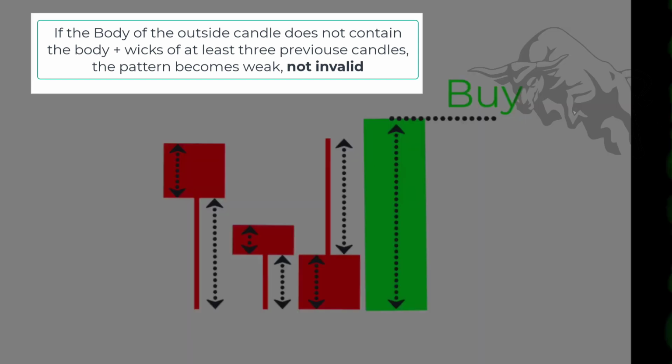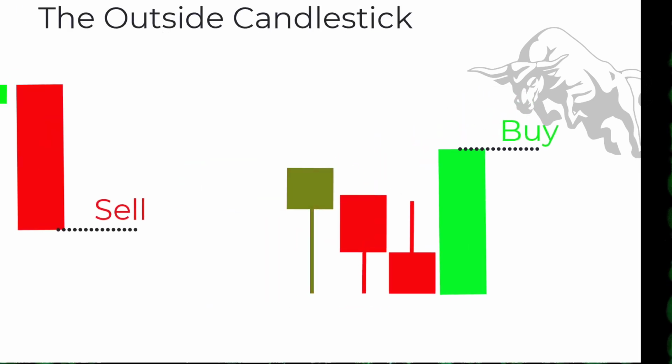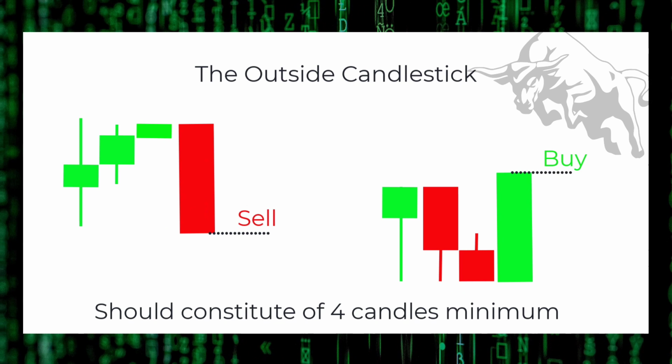I understand that this statement conflicts with what is being taught on social media, because they all tell you that even if the last candle contains only 1 or 2 candles, it's still considered a tradable outside candlestick pattern, which is not true. Moreover, you can run a simple backtest to understand why I insist on a minimum of 3 previous candles, which makes the total number of candles required to validate this pattern 4 candles, including the outside candle.